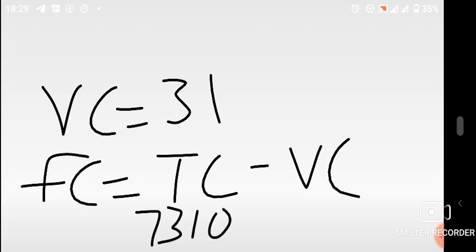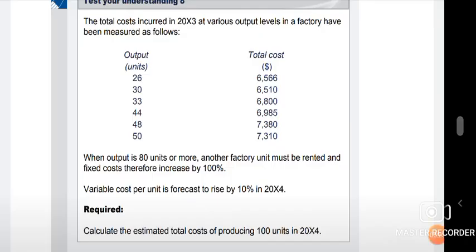Okay. Then just before we proceed, there was some detail about step-up cost in this question. Let's just refer back to the question quickly. So we are now looking back at that part where there might have been a possible step-up cost. They said when output is 80 units or more, another factory unit must be rented and fixed costs therefore increase by 100%.